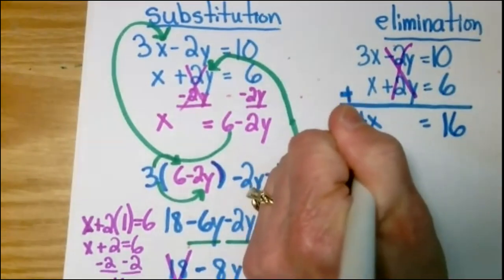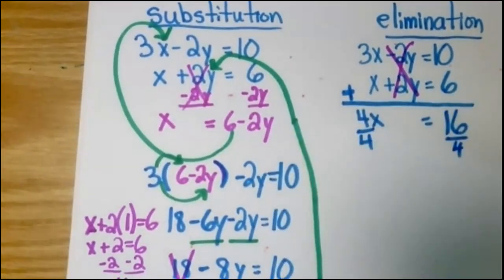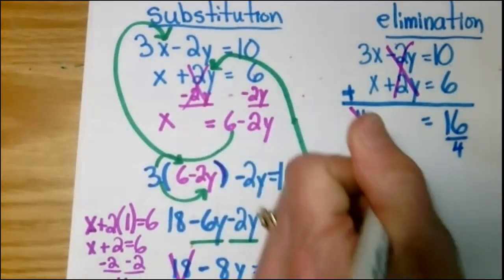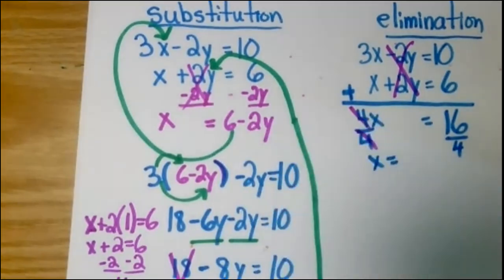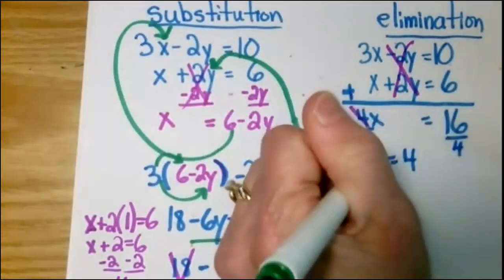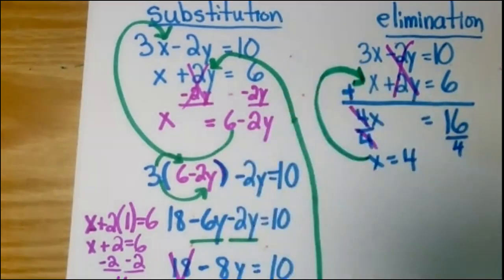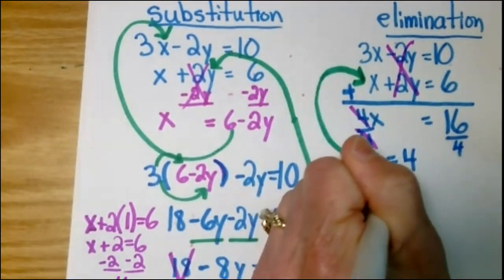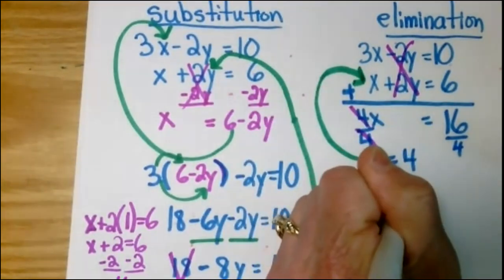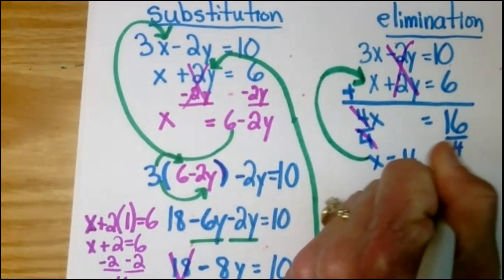Divide by 4 on both sides. The 4 is crossed off. I'm left with x equals 16 divided by 4 is 4. There's my x value. Now I'm going to substitute my x value into one of the original equations. This one is the easier one. I'm going to plug in 4 for x plus my 2y equals 6.